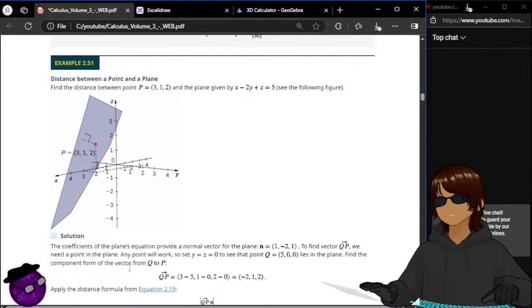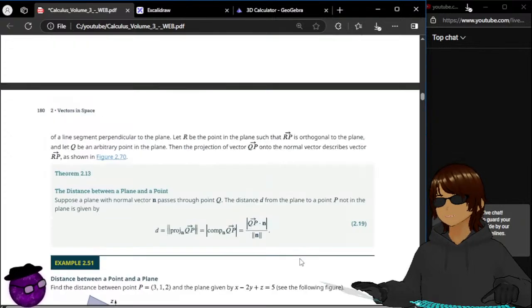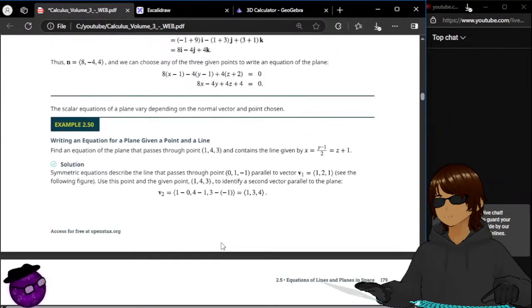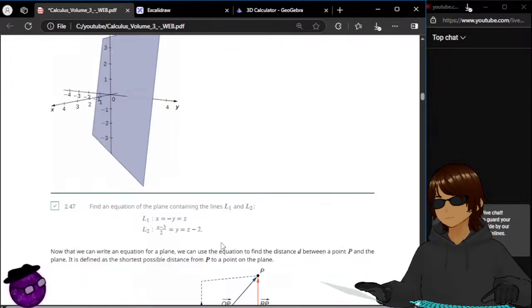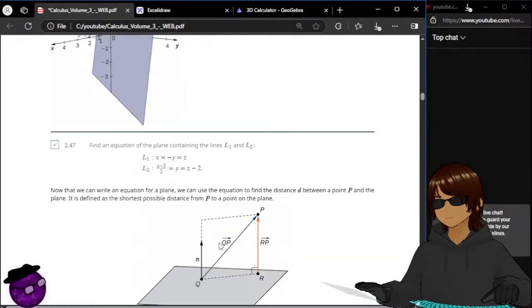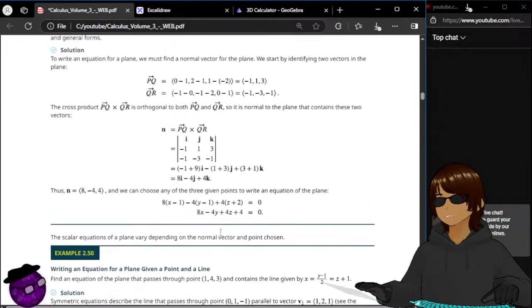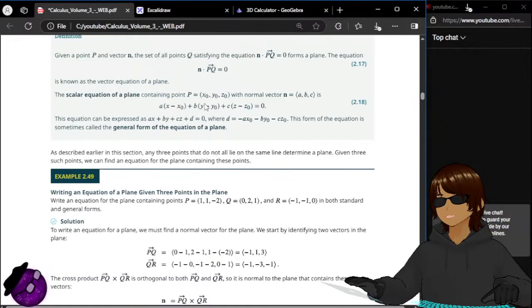But I still don't understand how they got n from here, like with the coefficient. The coefficients of the plane's equation provide a normal vector. I think they should have gone more in depth with that point.